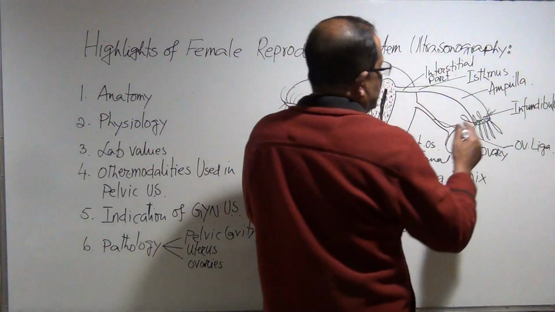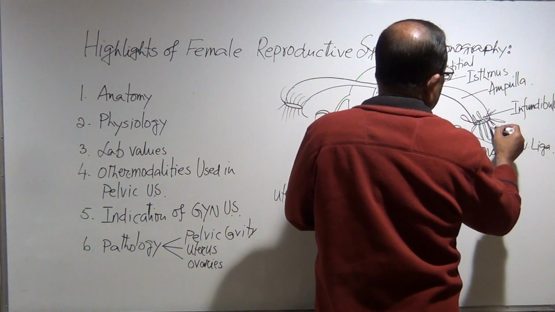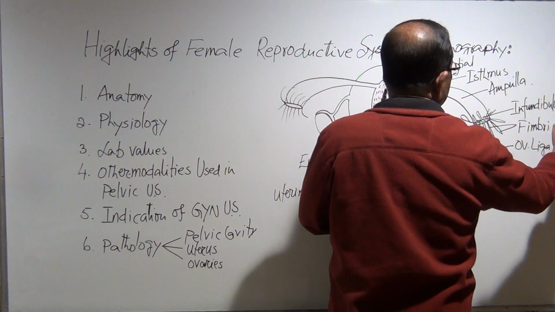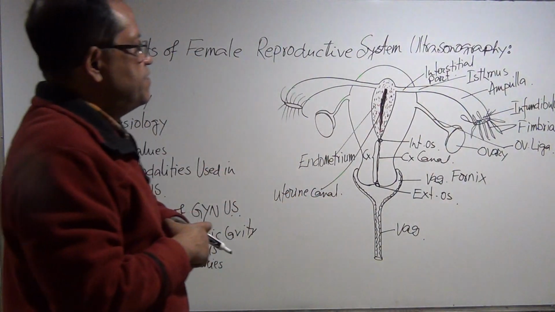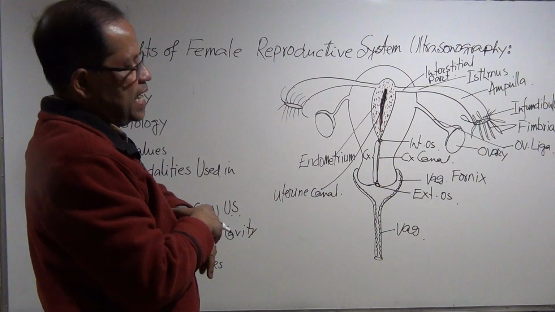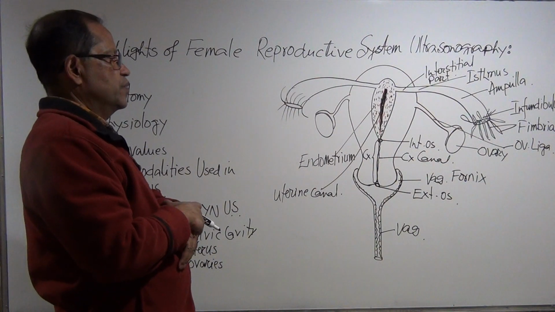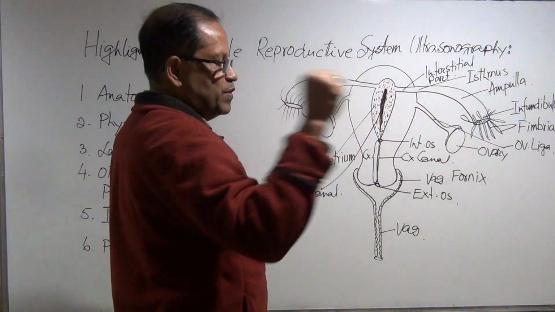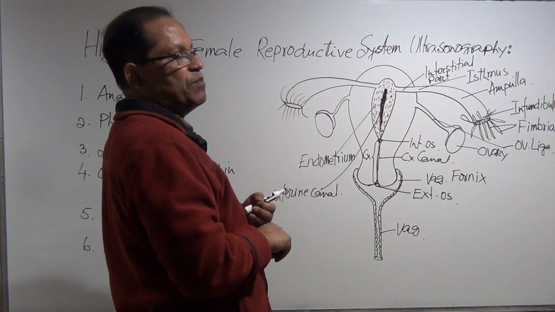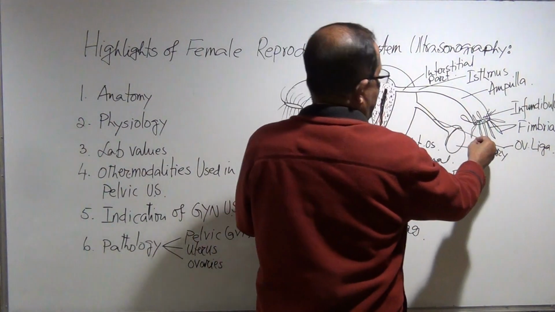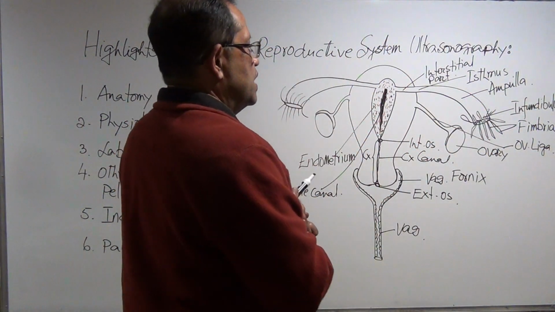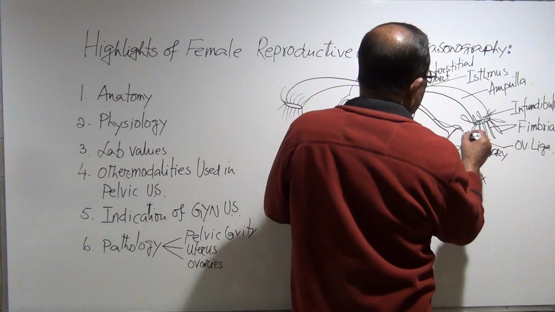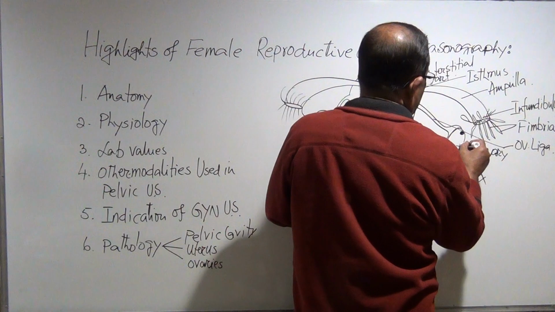Infundibulum, and this finger-like projection is known as fimbriae. Fimbriae is a finger-like projection. I showed you here like that. Okay, and it has a specific function to grab the egg after ovulation, to take the egg inside the ampullary part of the fallopian tube. Okay, this is ovary. Draw little follicles.